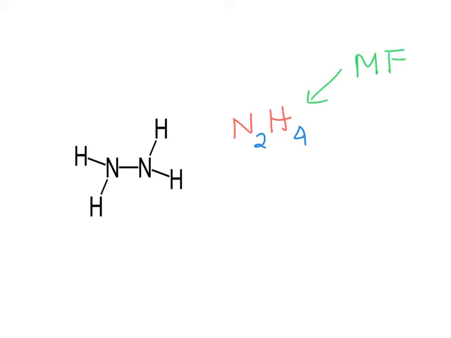Now, can this be further reduced? Yes, it can. It can be reduced by a common factor of 2. Okay? And when we further reduce it down, we now have NH2. And this is our empirical formula.